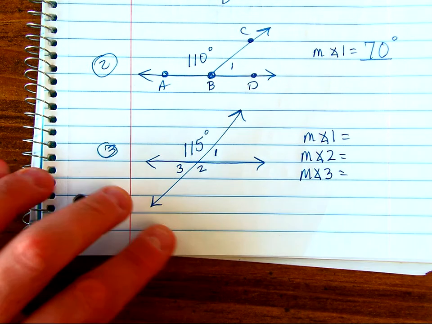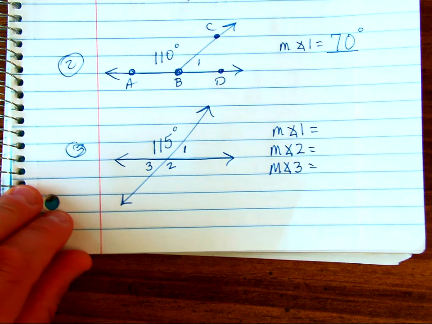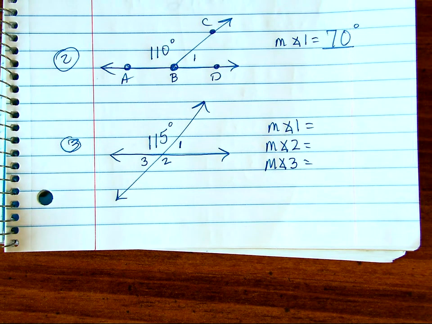Now I'm only giving you one angle and asking you, without a protractor, tell me exactly how much angle 1, 2, and 3 are, using the definitions vertical, complementary, and supplementary. Using those three definitions will allow you to tell me exactly what the measurement of angle 1, 2, and 3 are.